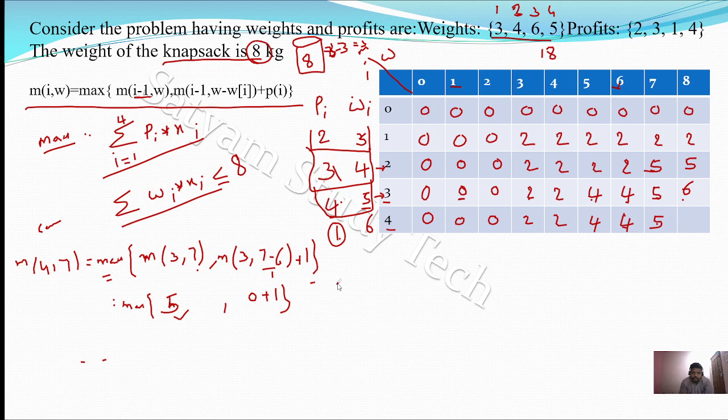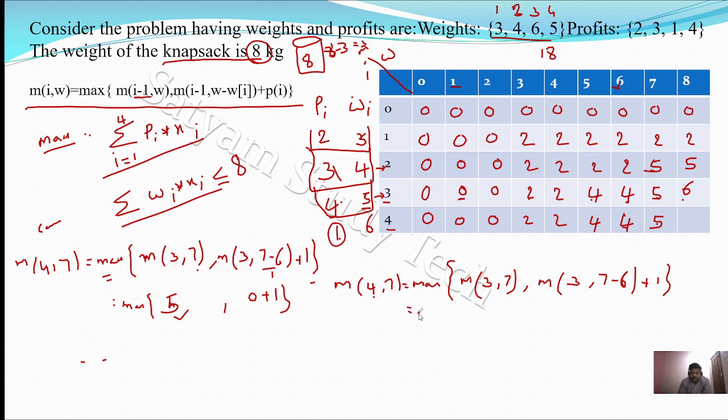Like that here also you can find out m of I, that is 4 comma 7, equal to maximum of m of I minus 1, that is 4 minus 1, that is 3, comma w, that is 7, comma m of I minus 1, that is 3, comma w is 7, 7 minus w of I, so w of 4 value is 6, plus p of I, that is p of 4, p of 4 value is 1.